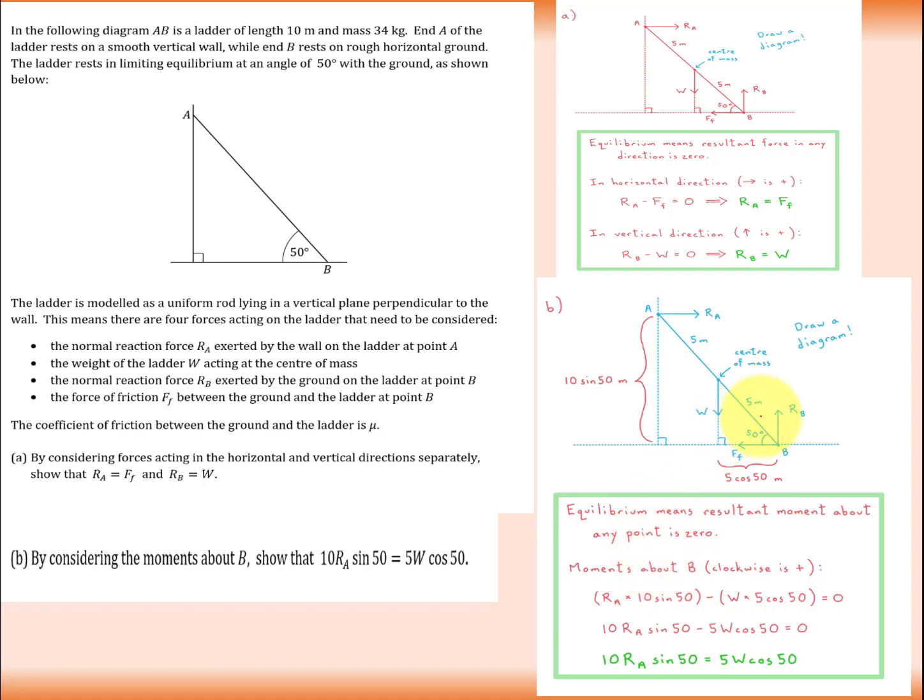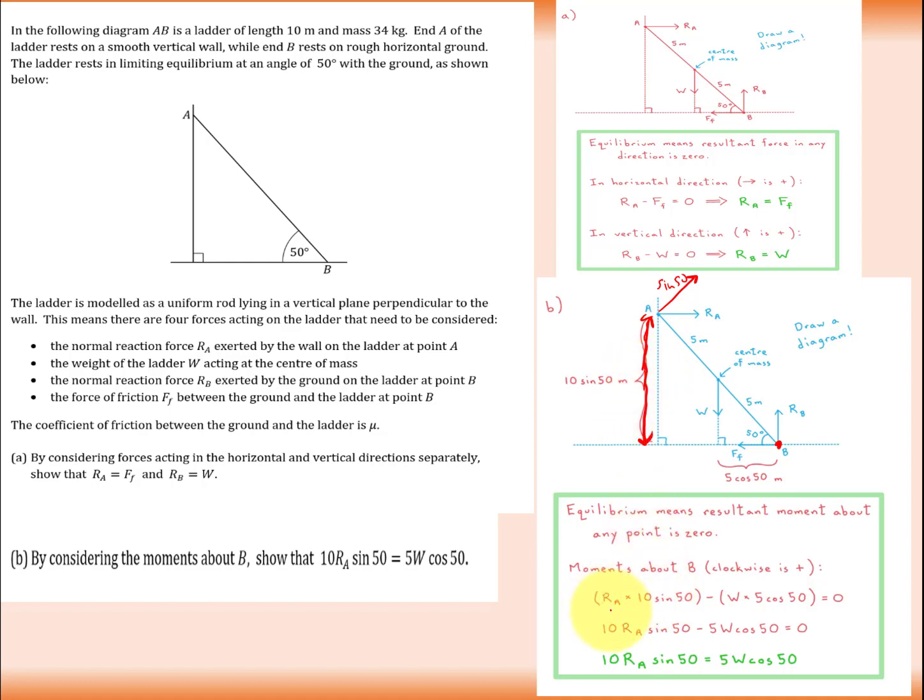So here we're taking our moments about B. So we have RA sine 50, right, and if you work that out, okay, that's sine 50 here, that's our moment, and they've done it by working out this height, which actually is a method that works as well, just as easy.